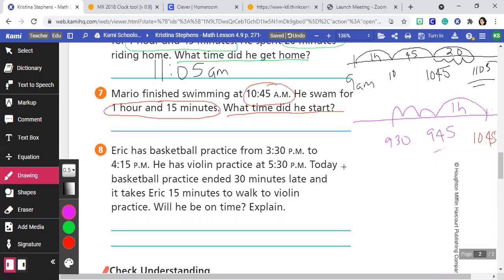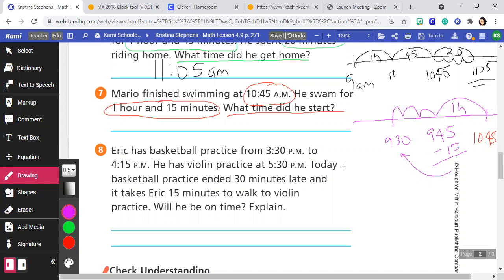Or I could have subtracted that 15 minutes from the 9:45. And that would have gotten me the same time that I arrived at using the number line here.